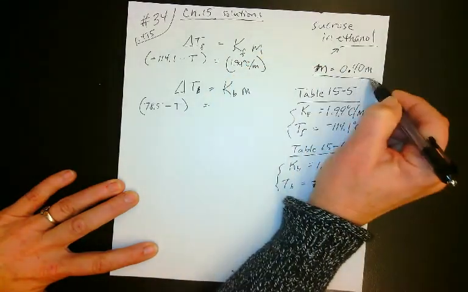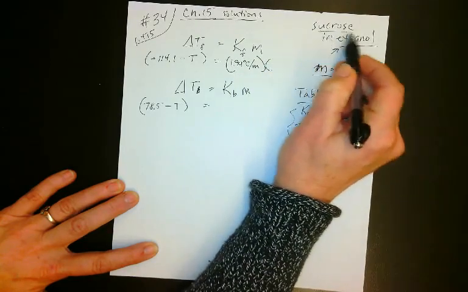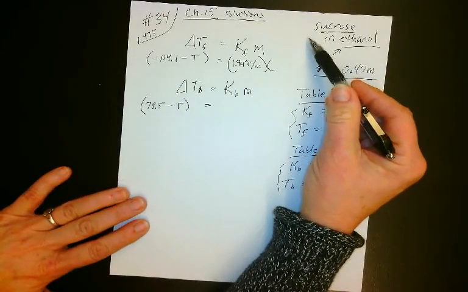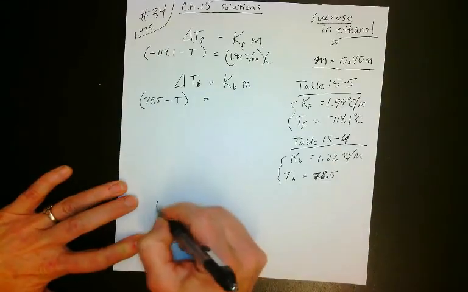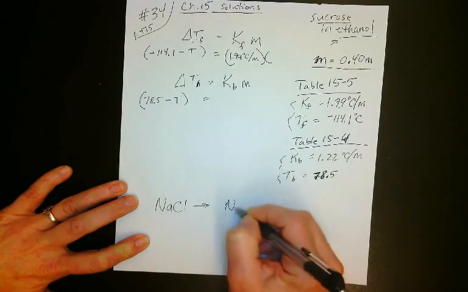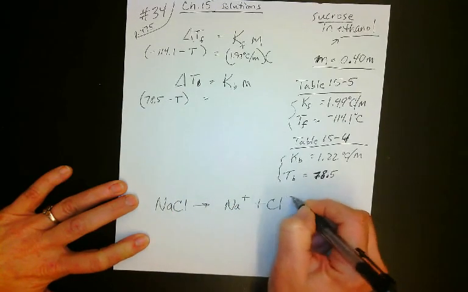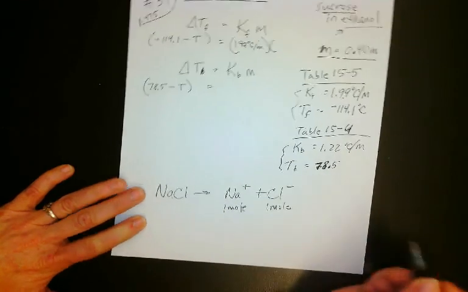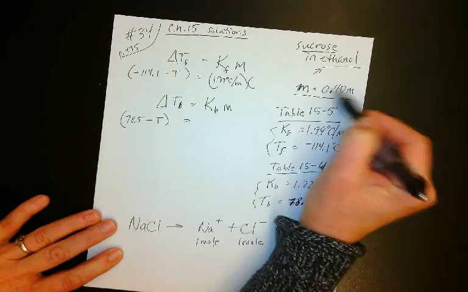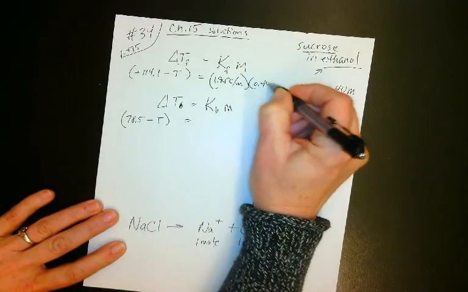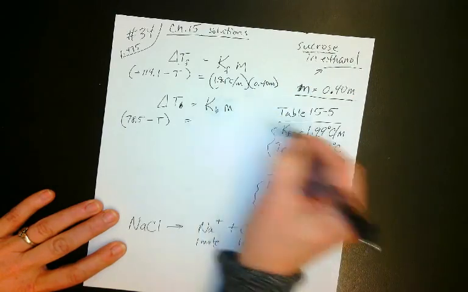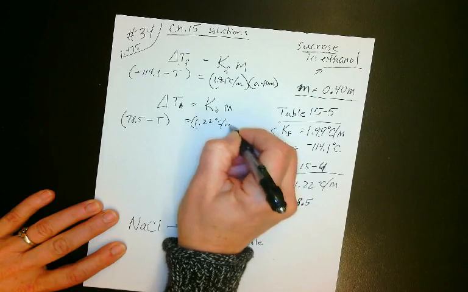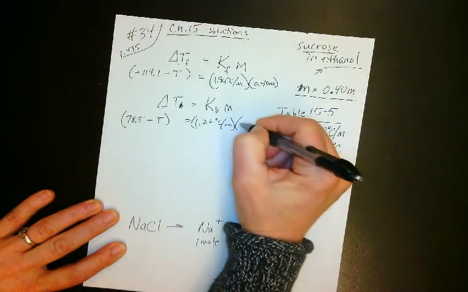And the M value they gave you. And this does not break down into electrolytes, into little bits and pieces, like sodium chloride would. Sodium chloride would actually form electrolytes. So I have 1 mole here and 1 mole here of the electrolytes, but this one does not do that, so it's just the same number, 0.40, and same here, except I have to use that one, 1.22, and we still use 0.4.